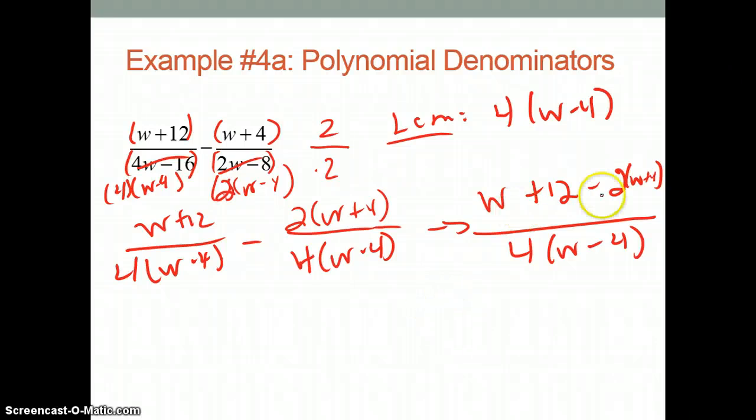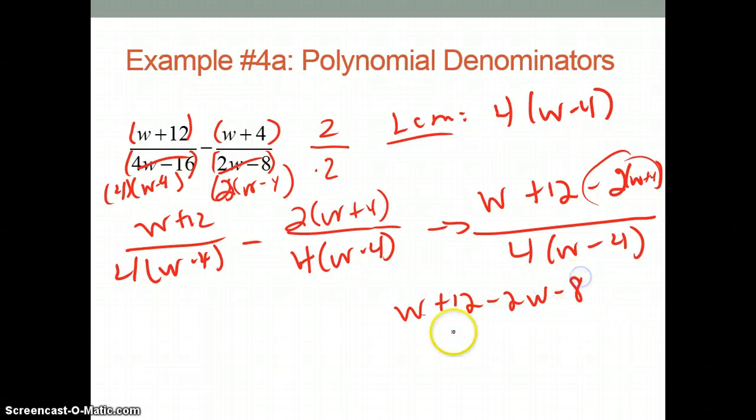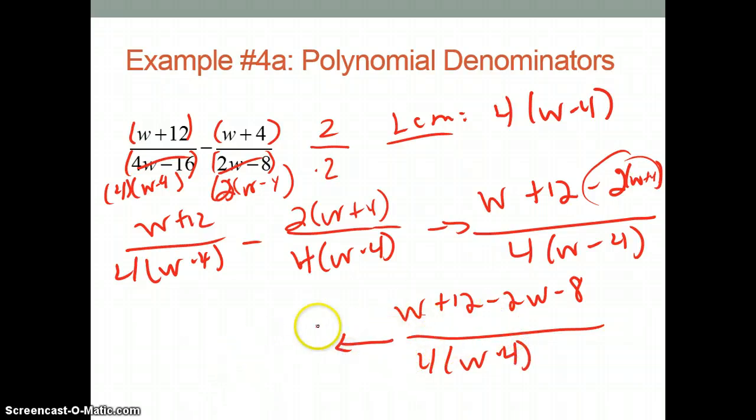At this point, we do want to simplify this piece up here and then combine our like terms. So we have w plus 12 and then minus 2w minus 8. And then combining our like terms, I'm going to work to the left here just for space. I'm going to have negative w plus 4.